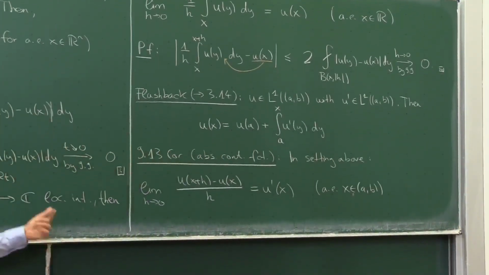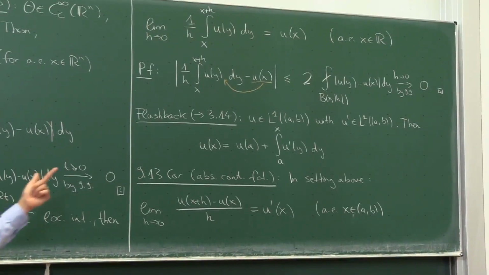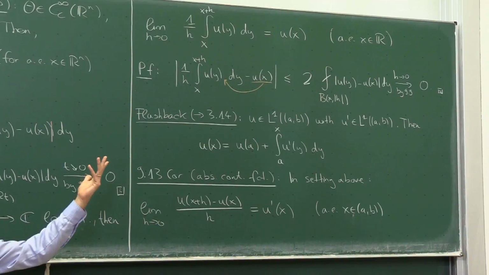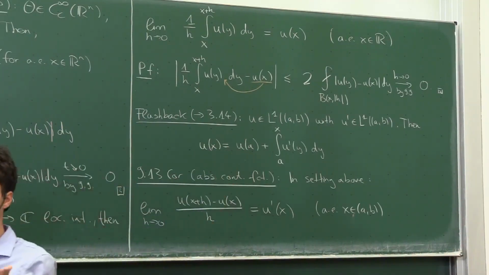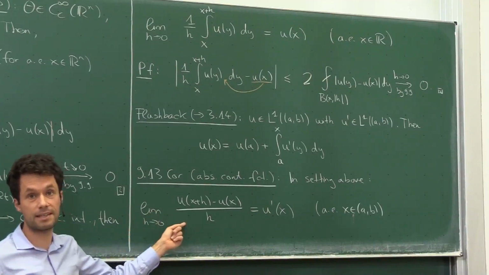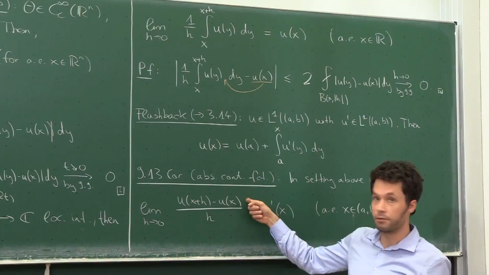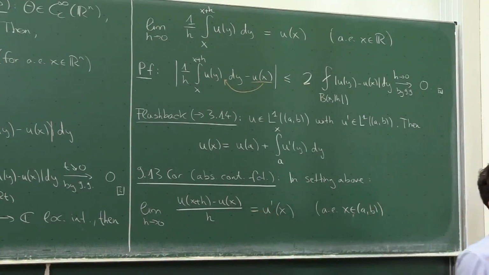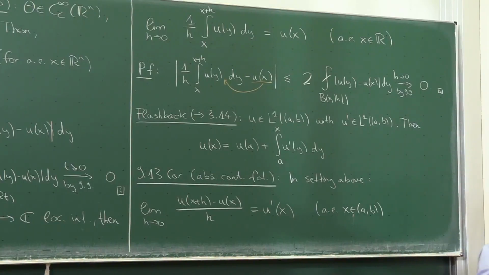Okay, so this result has to be read in the right way. It says that if I start, in particular with the H1 function on (a,b), but it could be more general as written here, then this function has a continuous representative. This continuous representative is differentiable in the classical sense at almost every point, and the derivative in the classical sense just gives me back the weak derivative defined via test functions.